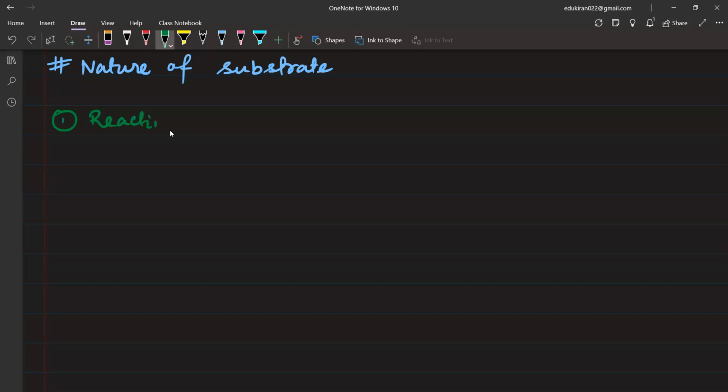So write number 1, reactivity of SN1. Now, when we are talking about the factors affecting the rate of SN1 or SN2, we have to understand what is the big barrier in SN1, which is the slowest step.